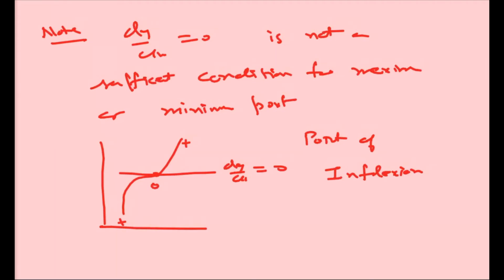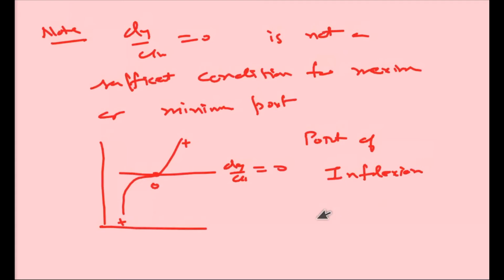So dy by dx being 0 for a function is not a sufficient condition to find the maximum or minimum value. It may be dy by dx equal to 0, but dy by dx is not changing sign from left to right.